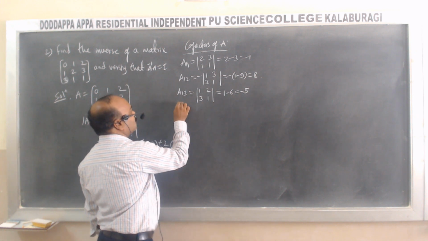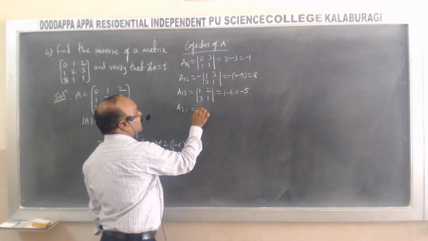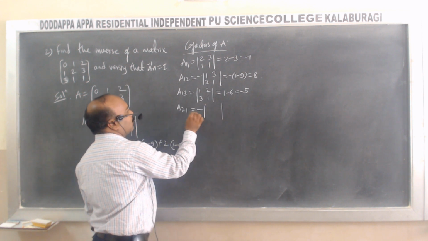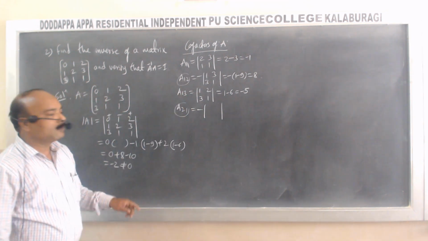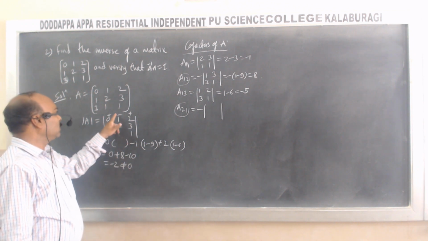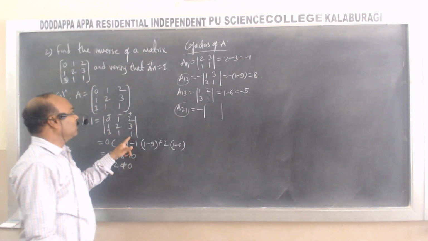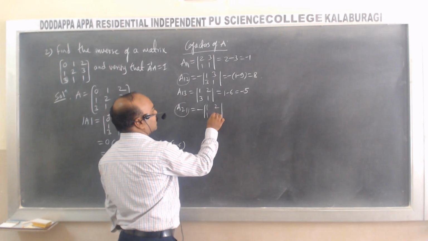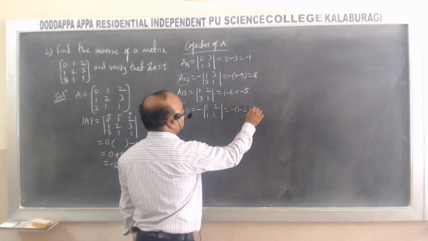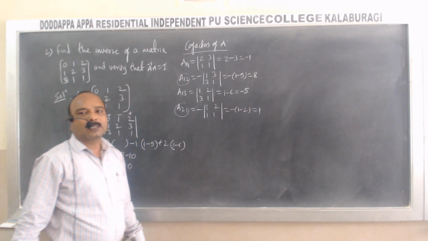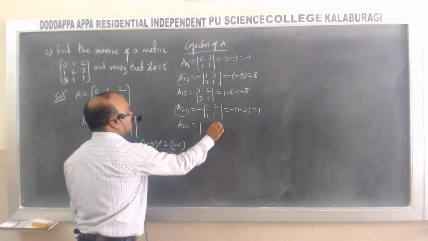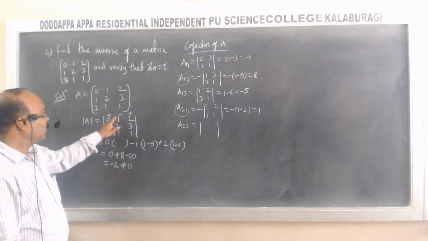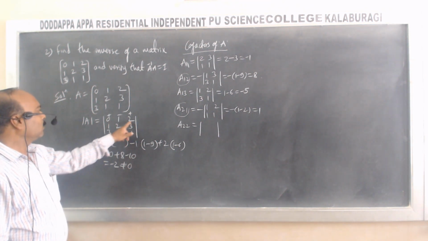Next we go for A21, again it is minus because it is odd number. Deleting this row and this column, we get 1, 2, 1, 1. So it is minus of 1 minus 2, it is plus 1. Next A22, it is determinant of 0, 2, 3, 1.